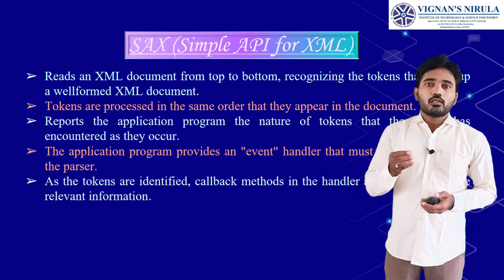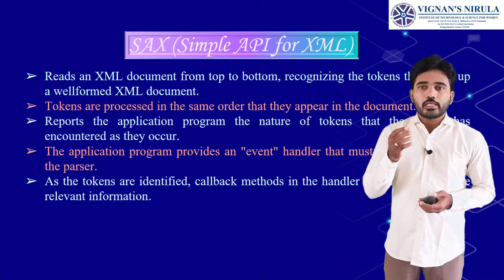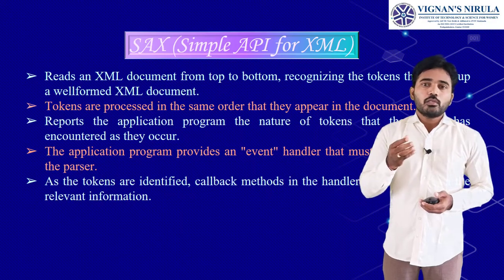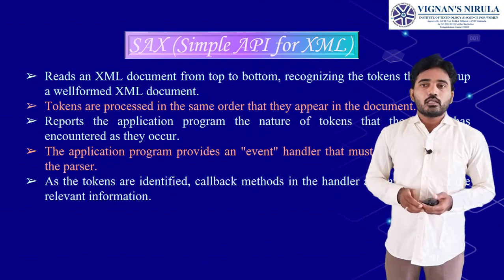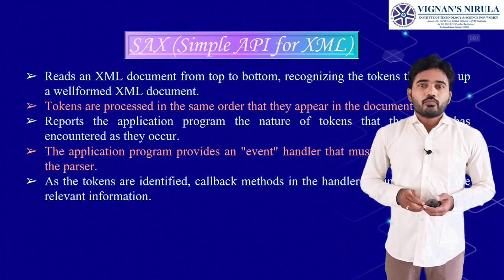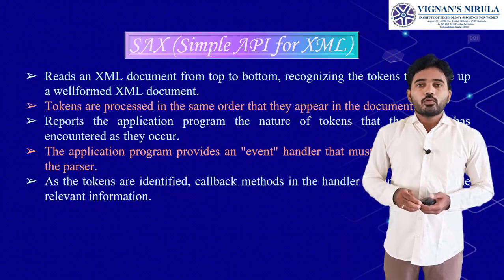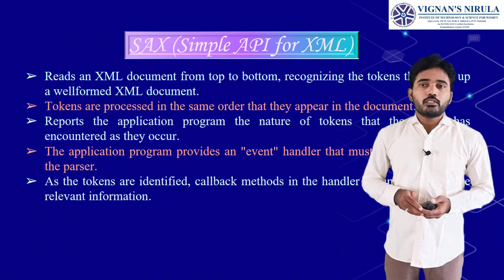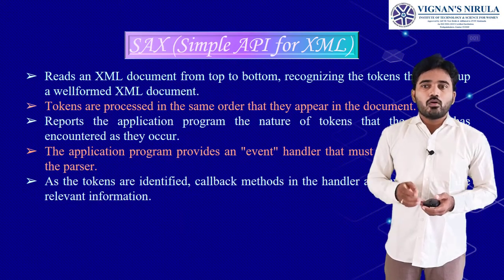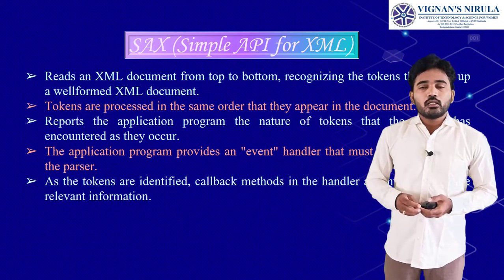The tokens are processed in the same order that they appear in the document, and it reports to the application program the nature of the tokens that the parser has encountered as they occur. The application program provides an event handler that must be registered with the parser, and as the tokens are identified, the callback methods in the handler are invoked with the relevant information.